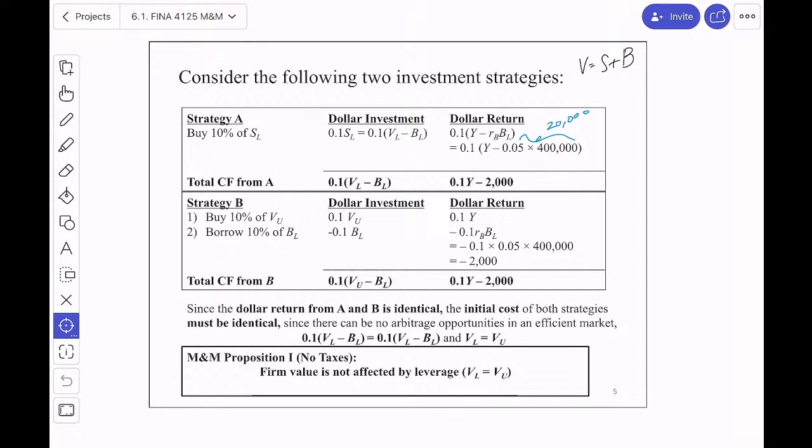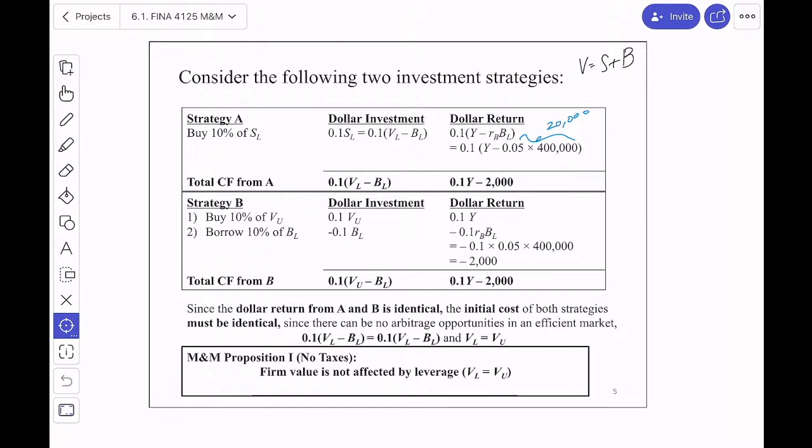This is borrowing on your own account, investing in the unlevered firm with no debt, but then you can create the debt yourself because, with these strong assumptions, the firms have identical value. So no matter the leverage taken on, the firms will have the same value. Okay, so debt doesn't matter here.